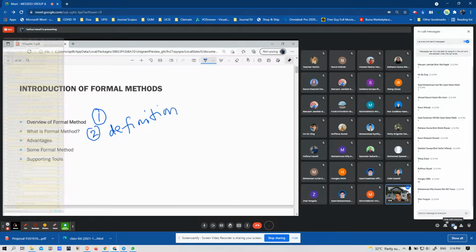Then we go by the advantages and disadvantages, and then some formal method alternatives. And then we look at the supporting tools. We go by Java for object oriented, and then we go by the supported tools for formal methods.